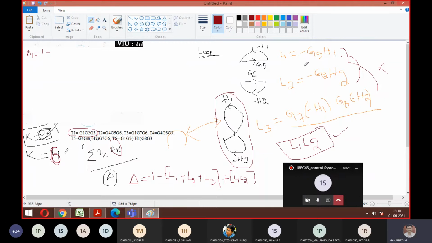Which loop is not touching? L1 and L3 not touching? So we should take L1 only, not both L1 and L3. The answer is correct, but why? It's 1 minus L1. Why are we not supposed to consider L3?